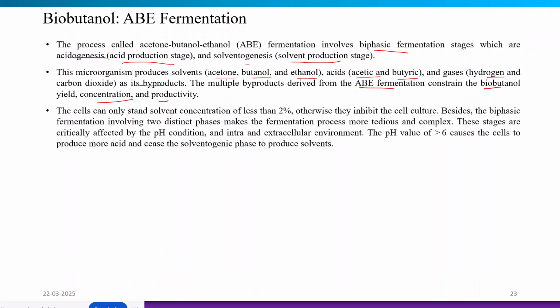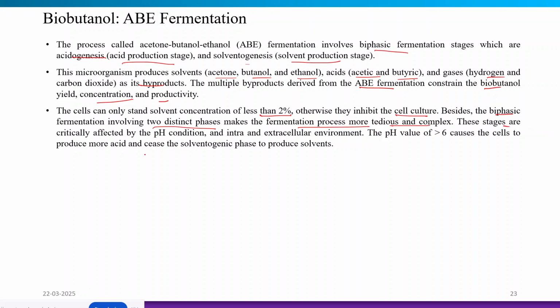So these multiple byproducts derived from this one fermentation process constrain the biobutanol yield, concentration, and productivity. The cells can only stand a solvent concentration of less than 2%, otherwise it will inhibit the culture of the cells. Besides, the biphasic fermentation involving two distinct phases makes the process more complex, because we get a liquid phase and a gaseous phase also. So it makes the overall fermentation process very tedious and complex.